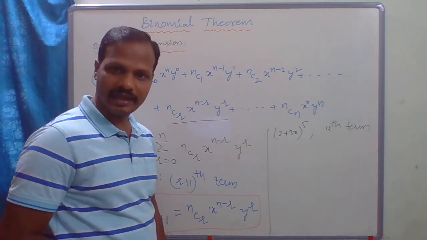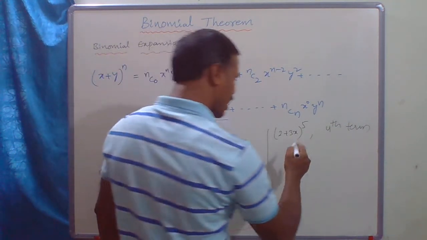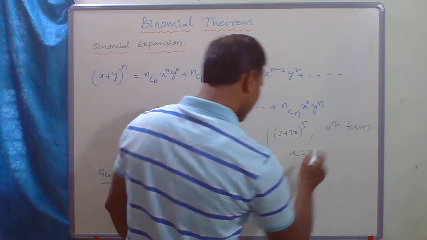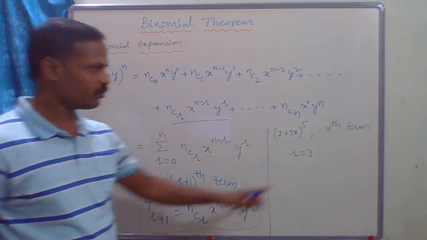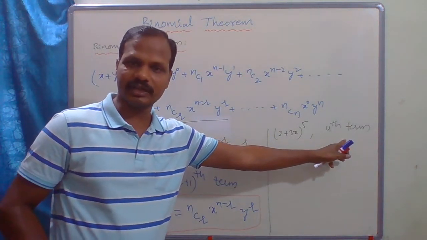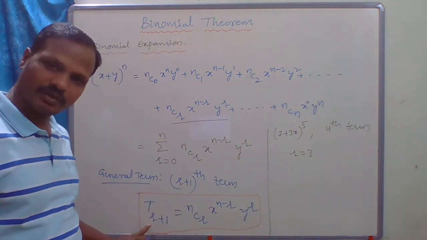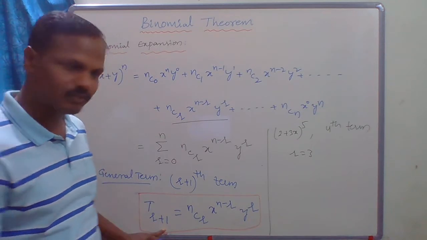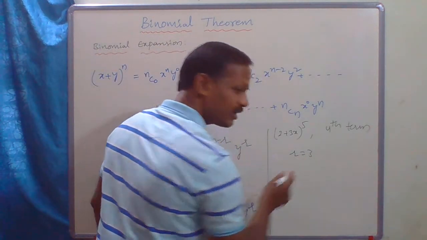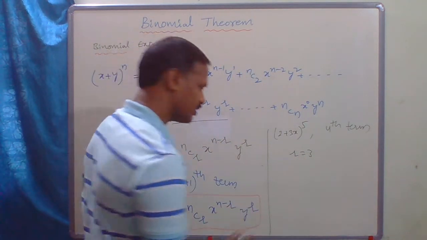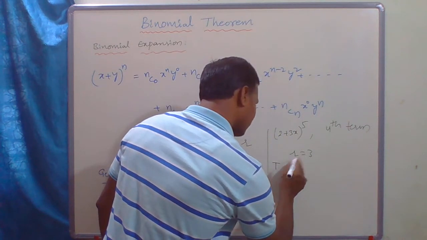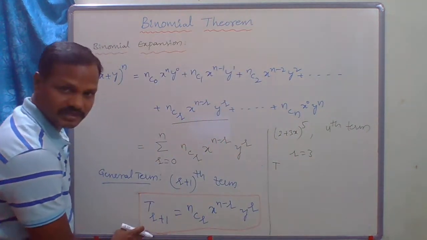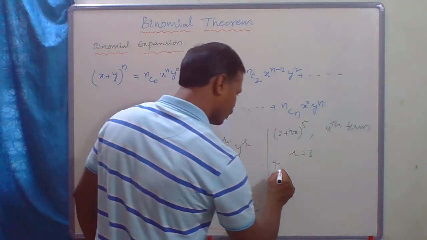Then you have to take r equal to 3, because you want the fourth term. If you take r equal to 3, that is T(3+1), which is T4. You have to take r equal to 3, not 4.